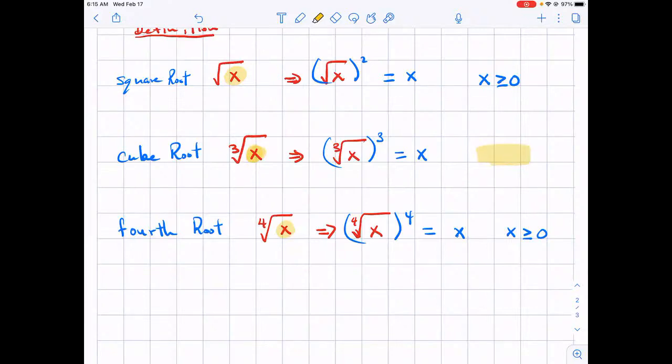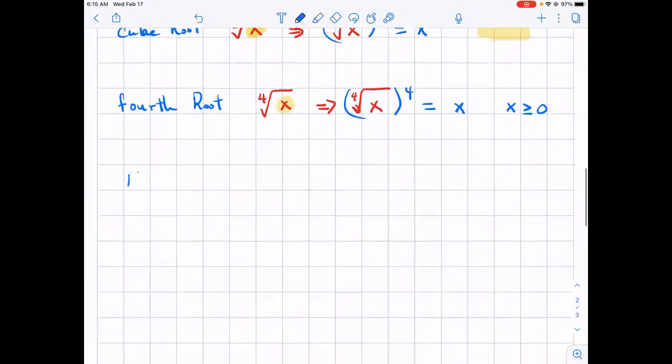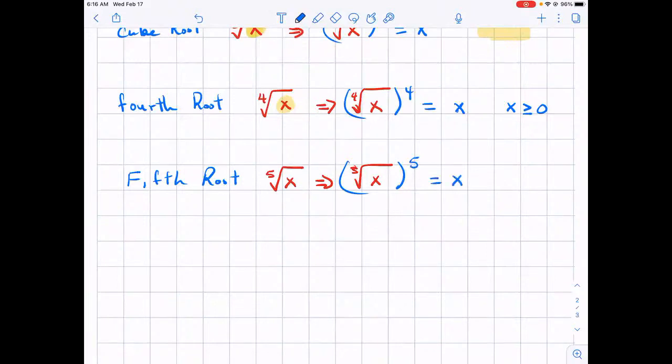And you will see the same thing for the fifth root. If we have the fifth root, we can have any number. The fifth root of x, and if we raise this to the fifth power, that will be equal to x.